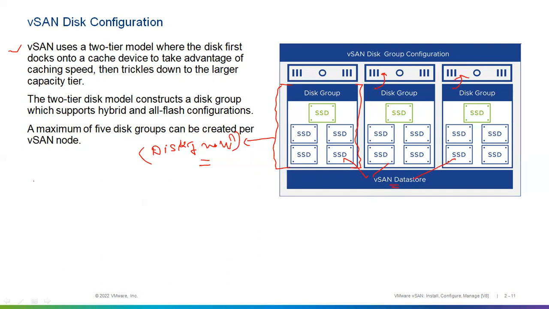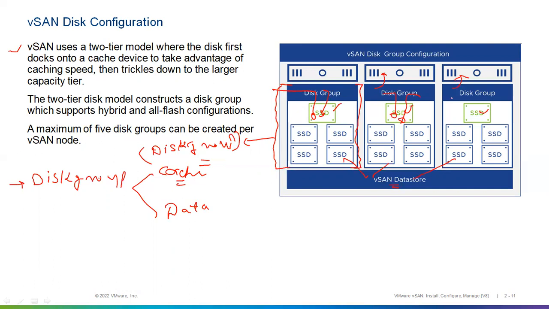When we say a disk group, within a disk group there would be two types of disk. One is cache and one is data. The cache disk, like you could see here, this green separate symbol, will cache your read and write data.